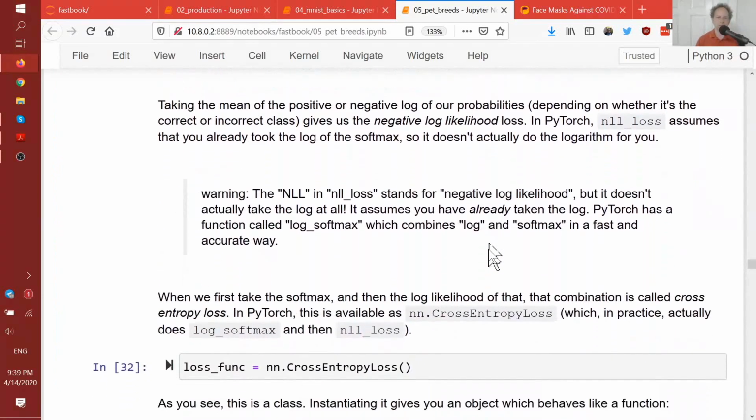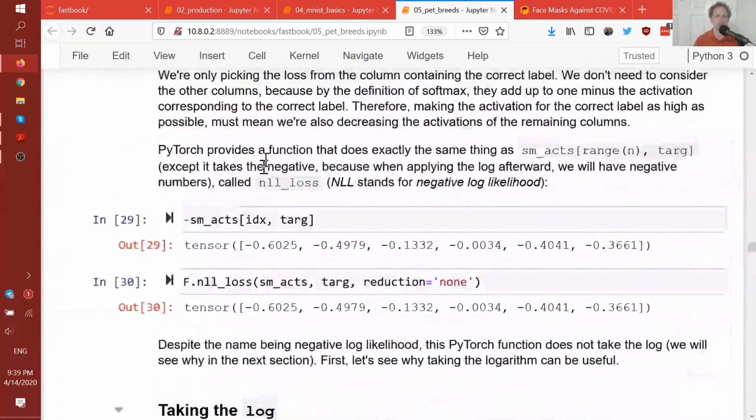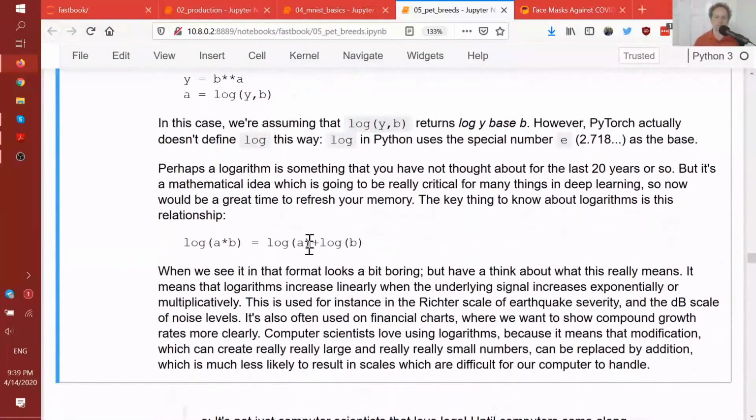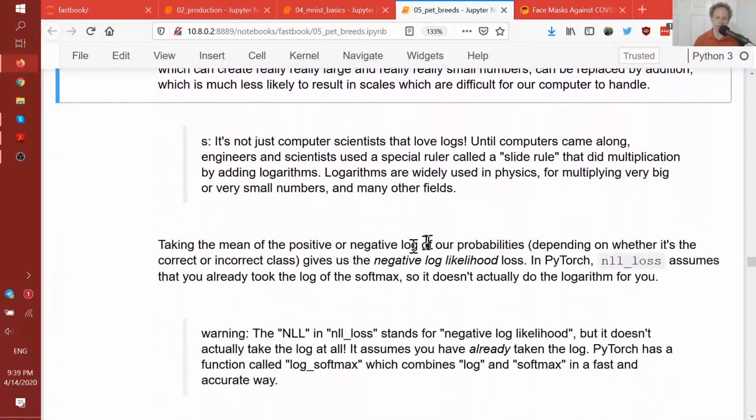So when we take the probabilities that we saw before, the things that came out of this function, and we take their logs, and we take the mean, that is called negative log likelihood.